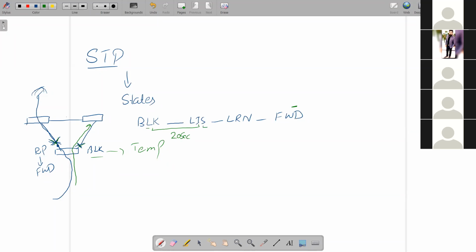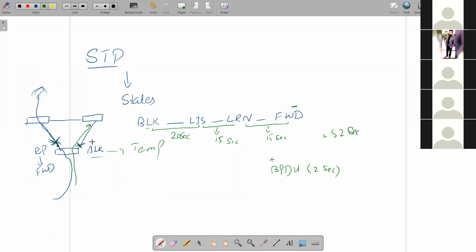Then from listening to learning, it will take 15 seconds. And then from learning to forwarding, it will take again 15 seconds. Plus 2 seconds for BPDUs. So the total time is 52 seconds.